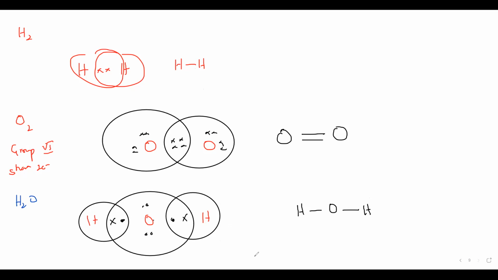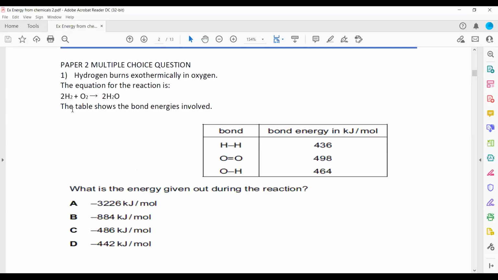Now the question. According to the equation, it is 2H2 plus O2 gives 2H2O. So hydrogen is bonded with another hydrogen, and how many are there? 2 molecules.